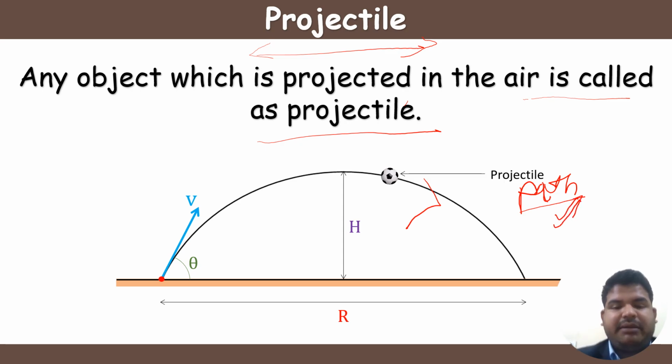And this is the amplitude and range. Be very careful when you see the equation of the velocity. Let us move forward, then it will be much more clear.